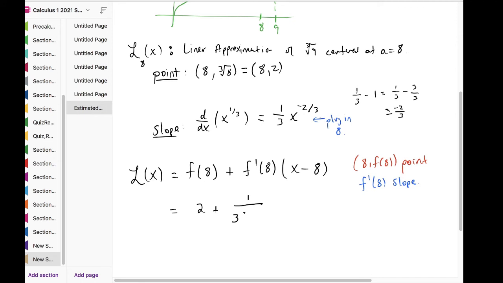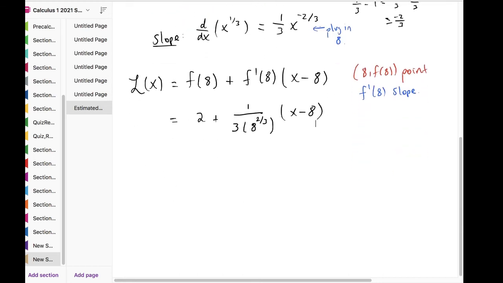What is cube root? It gives it away if I rewrite it. What's 8 to the 2/3? Anyone know? If you don't know, can you express this as a cube root?